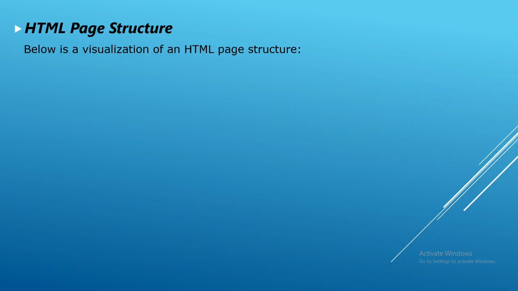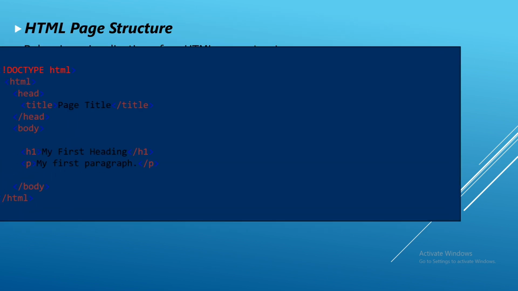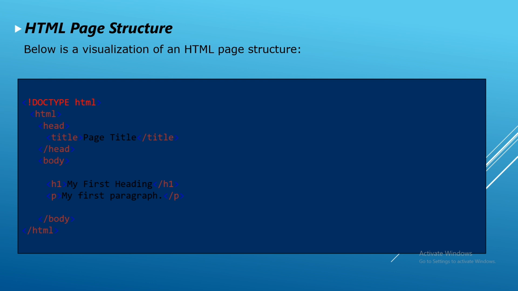Now we are going to learn about HTML page structure. Below is a visualization of an HTML page structure. This is how the HTML code structure looks like: doctype html, head, title, body, H1, P. I will explain all of them in part 2.